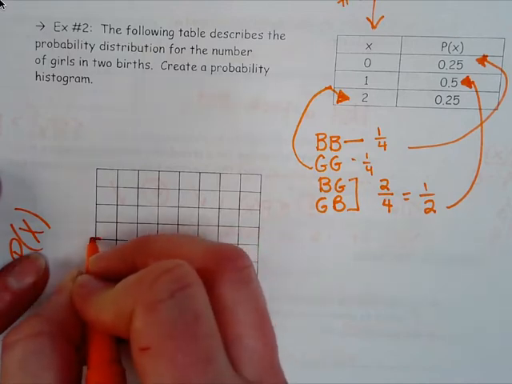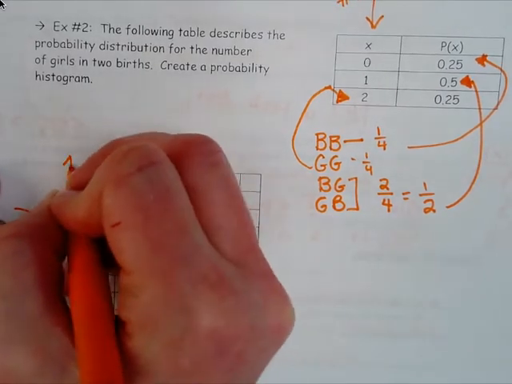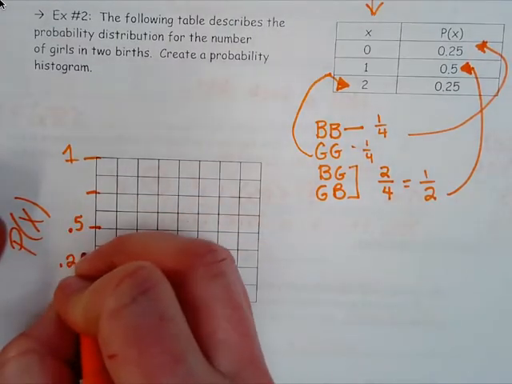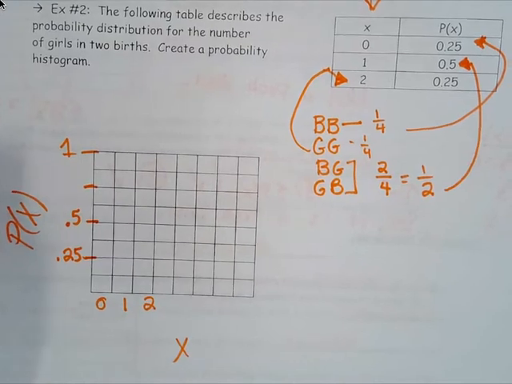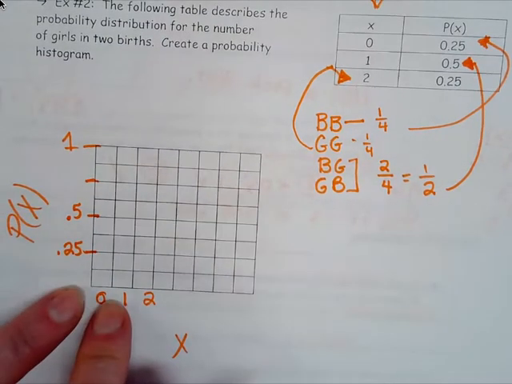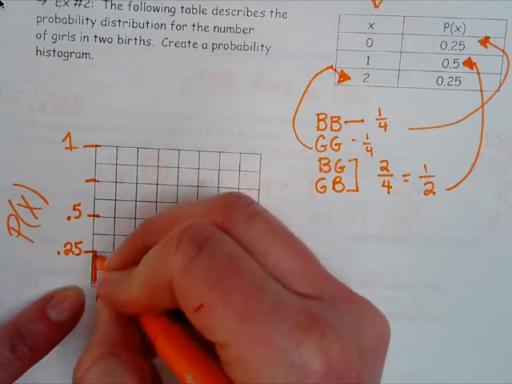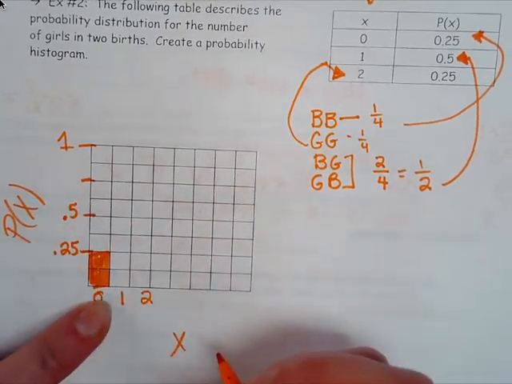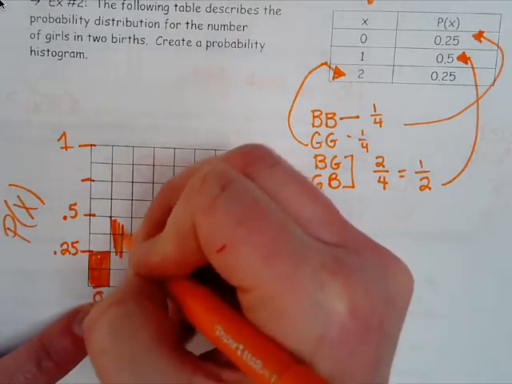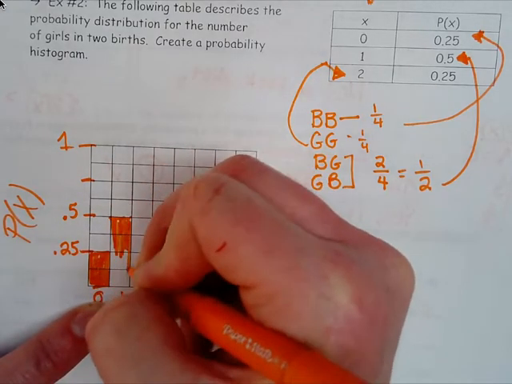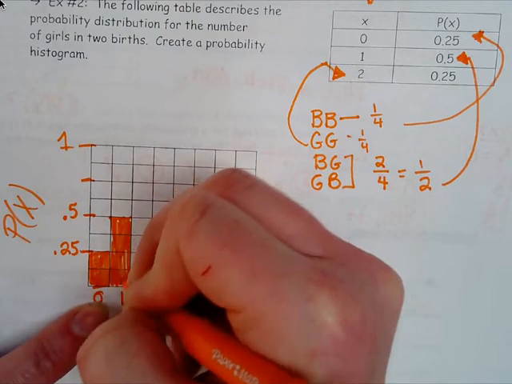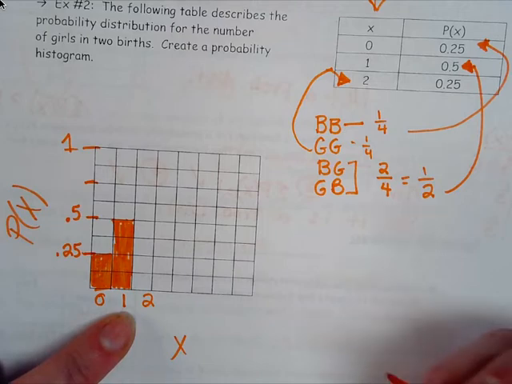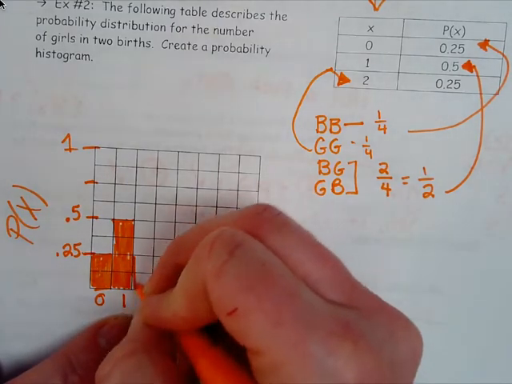I'm just going to make this go up to 1 and then do 0.5 and 0.25. So the probability of getting 0 would be 0.25. Probability of getting 1 is 0.5. Then the probability of getting 2 girls is 0.25.